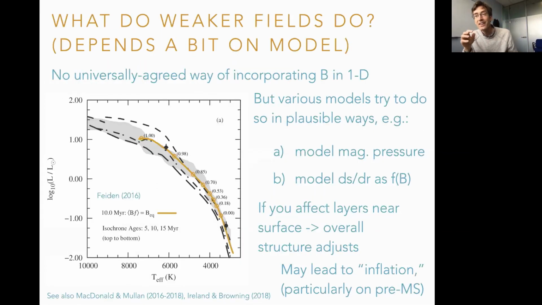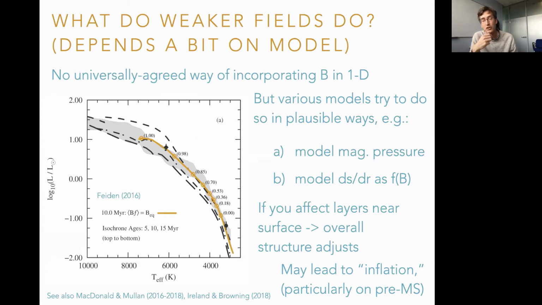Right now, there is no universally agreed prescription for how you ought to incorporate the effects of magnetic fields or rotation into a 1D stellar model. So we don't have a good handle on what effects these things have, how strong fields have to be before they could have an effect on the overall structure of the star, and so forth.